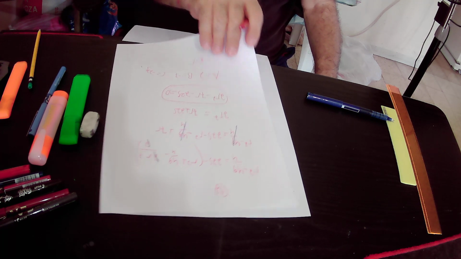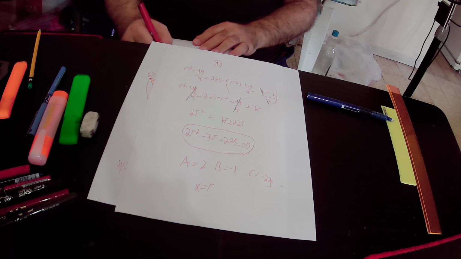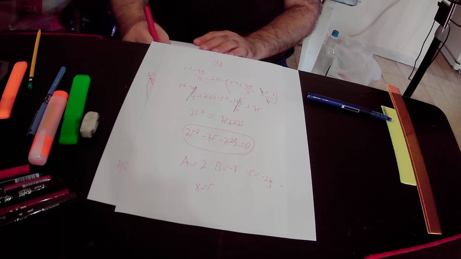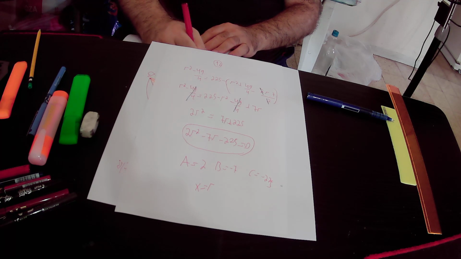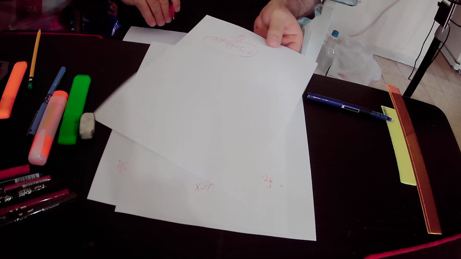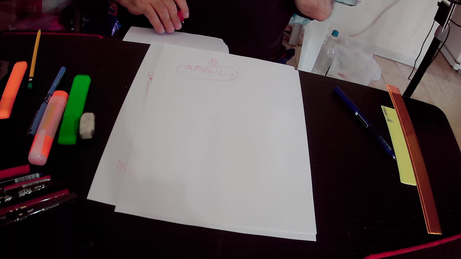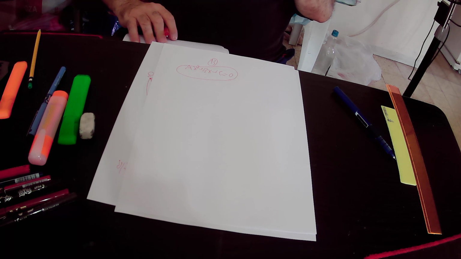In general, the general formula for a quadratic equation is ax squared plus bx plus c equals 0, where a, b, and c are the coefficients of this quadratic equation, and x is the variable that we want to find out.